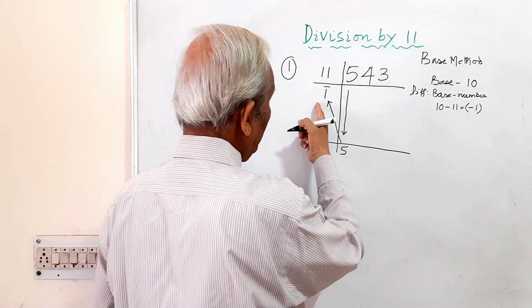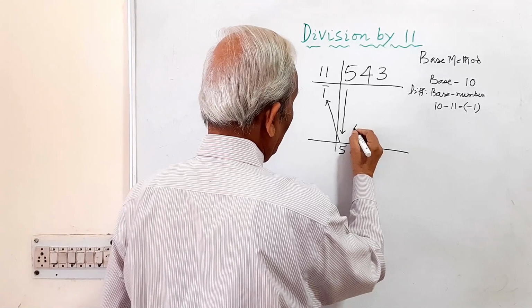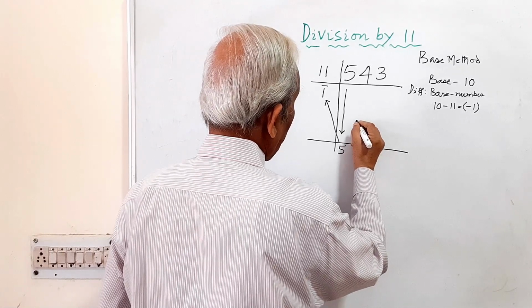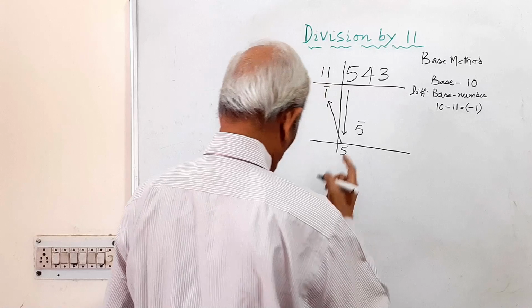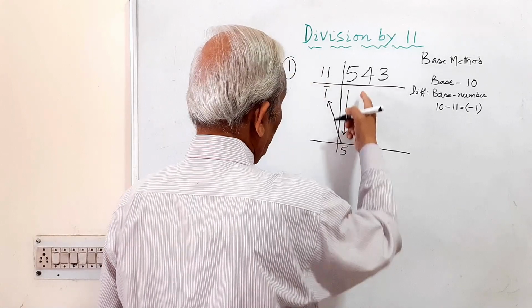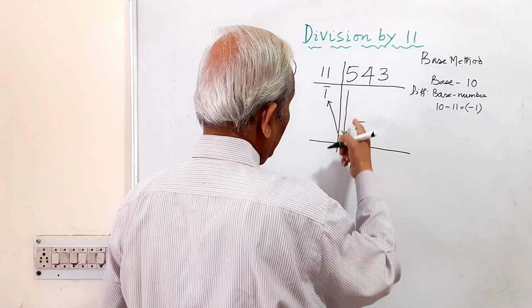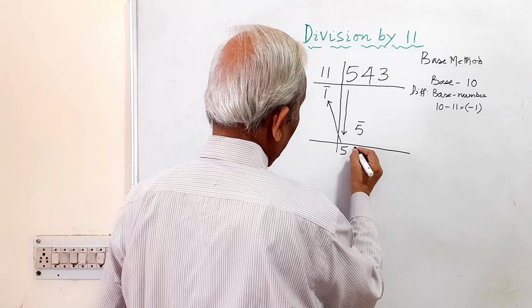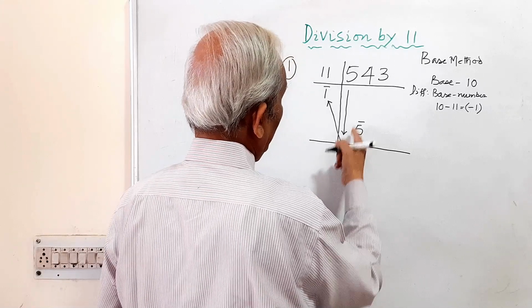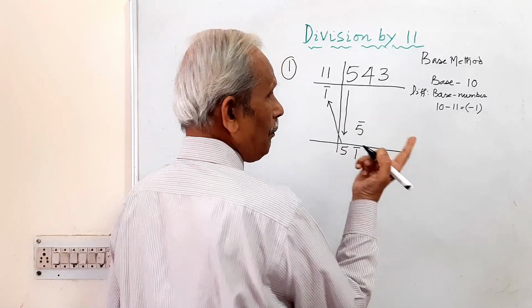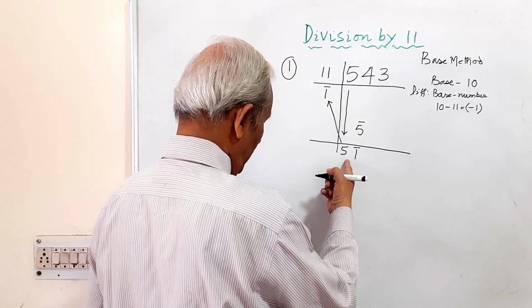So 5 into 1 bar is 5 bar. So write down 5 bar here. And then what is the sum of the two? 4 and 5 bar. When you add these two, it becomes 1 bar. Well, this is nothing but minus 5. 4 minus 5 is minus 1, and minus 1 is 1 bar.